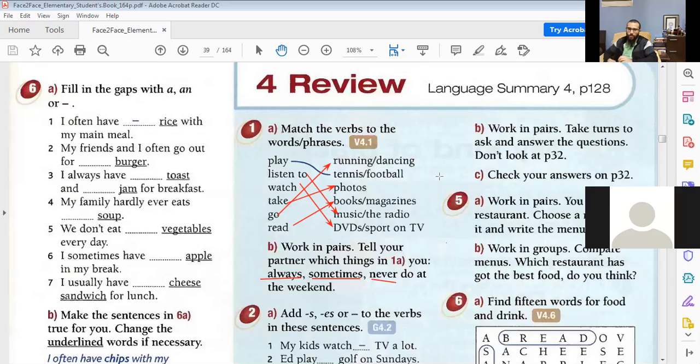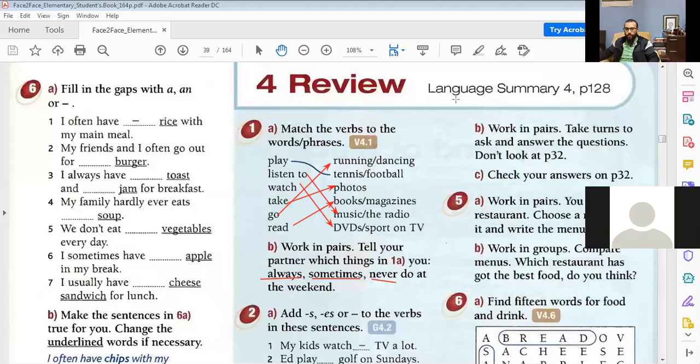Can you tell us about your weekend? What are some of the things you do at the weekend? Hello? Yes, can you hear me? Yes. Okay, can you tell us about your weekend, Media, some of the things you do using these verbs? Okay. I always watch serials on TV.